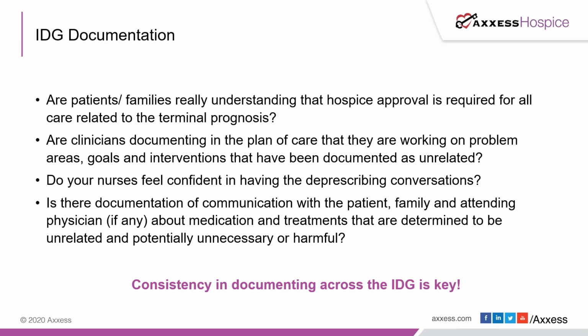Look at whether your nurses feel confident in having the deprescribing conversations, and of course make sure that's documented, and document communication with the patient, family, and attending physician, if any, about medication and treatments that are determined to be unrelated and potentially harmful. Having a hospice physician to attending physician conversation can be necessary here because sometimes the attending physicians just do not get these palliative principles, but consistency in documenting across the IDG is absolutely key.